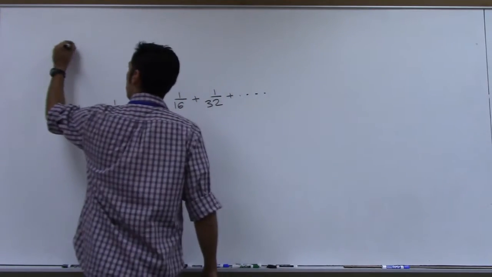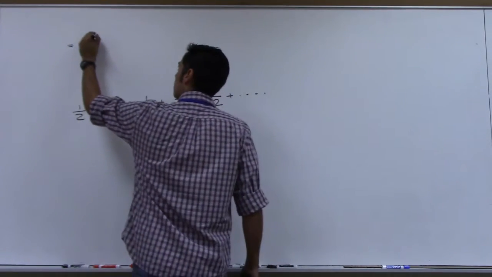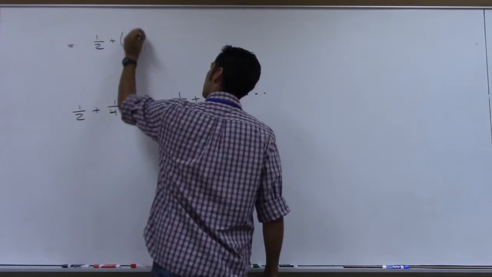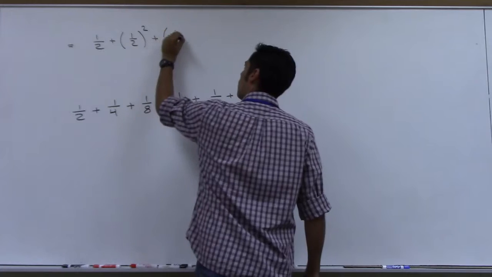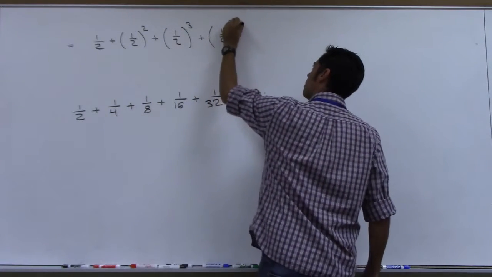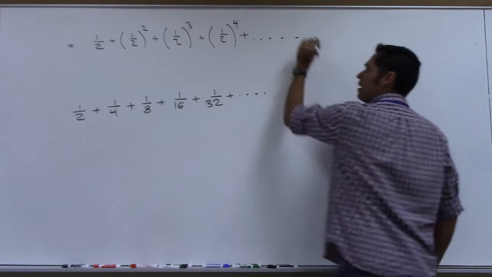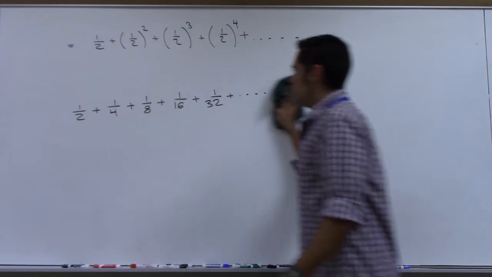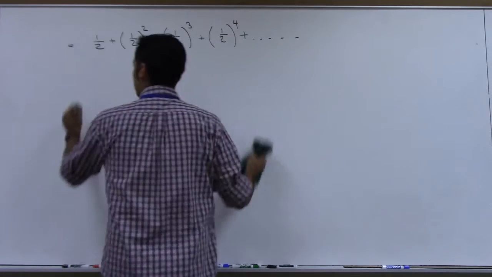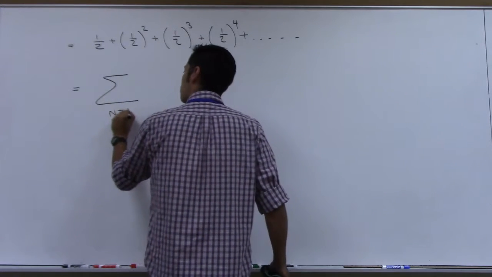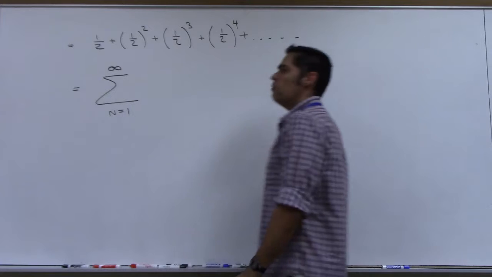I'm going to write up here. Maybe you're looking at it like this. This is 1/2 plus 1/2 squared plus 1/2 cubed plus 1/2 to the 4th. Right? That's what it is. Which written as a series notation with sigma would be n equals 1 to infinity of what?